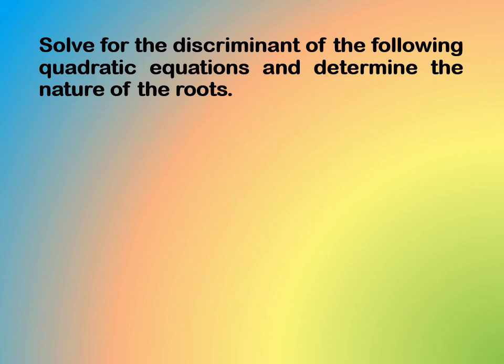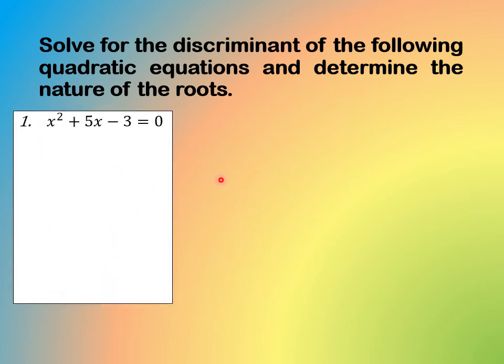Okay, so let's have a short activity. So, solve for the discriminant of the following quadratic equations and determine the nature of the roots. So, number 1, we have x squared plus 5x minus 3 is equal to 0. Again, determine the values of a, b, and c.